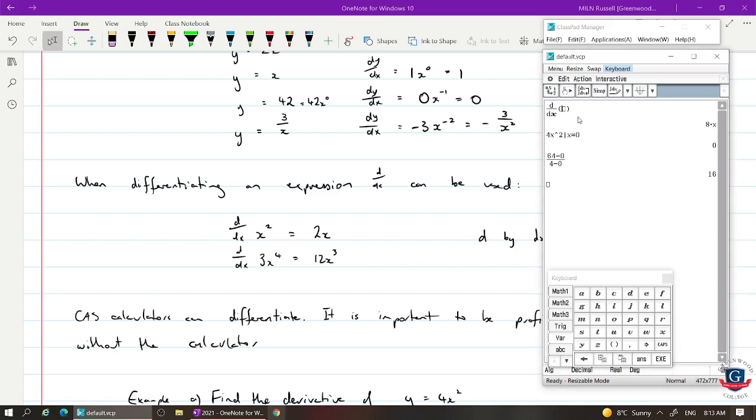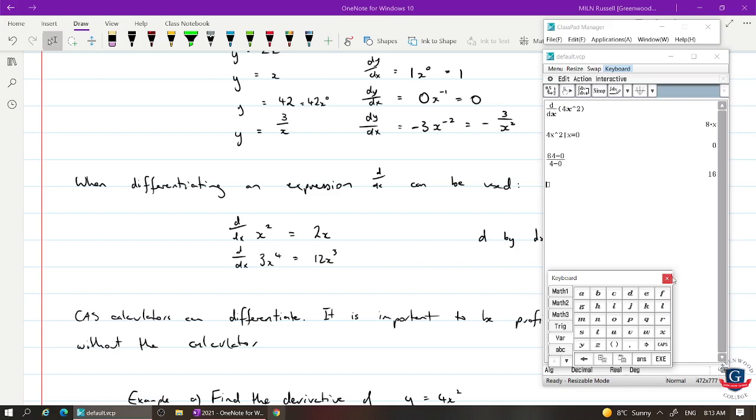And over here, type what we're going to do: 4x squared. Use your caret symbol on your keyboard for squared, and it will find 8x for you.